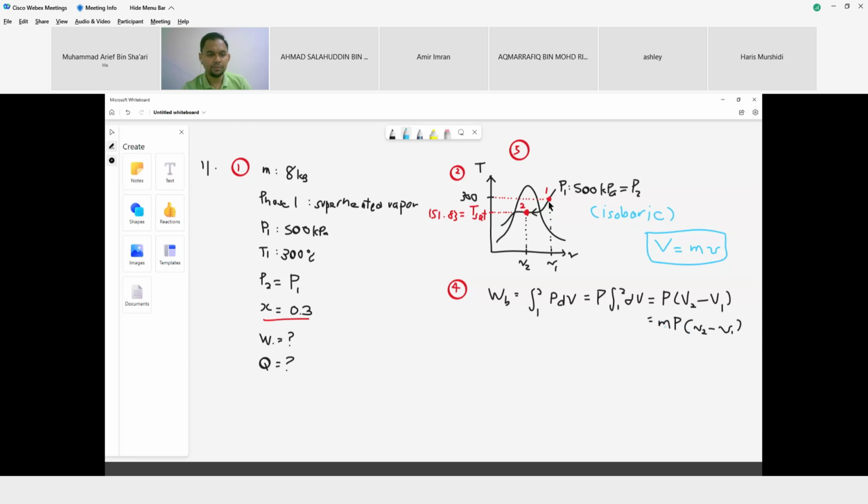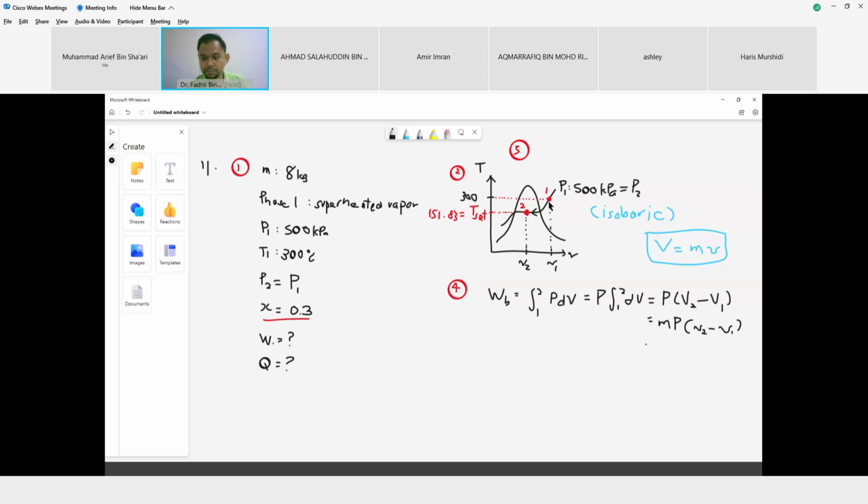Okay, m is given, which is 8 kilogram, P is 500 kilopascal. V2 and V1 we need to find first. Find both values V2 and V1 from the table. So the table that we need to refer to is the saturated water pressure table, because pressure is given as 500 kilopascal.